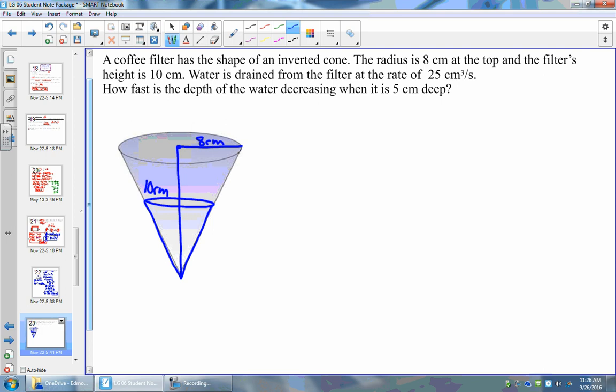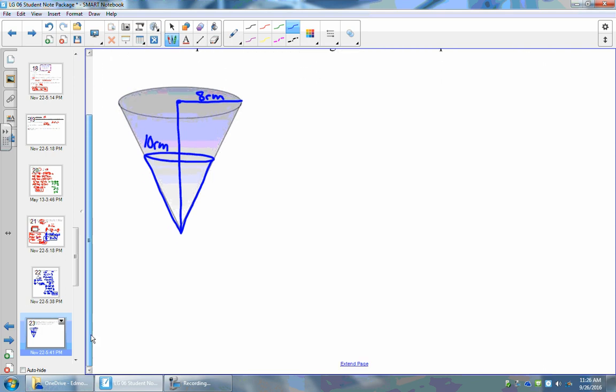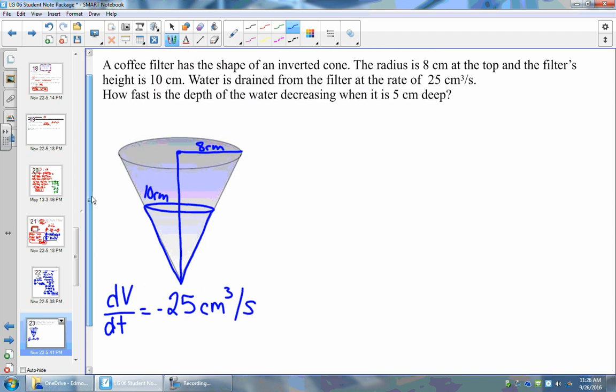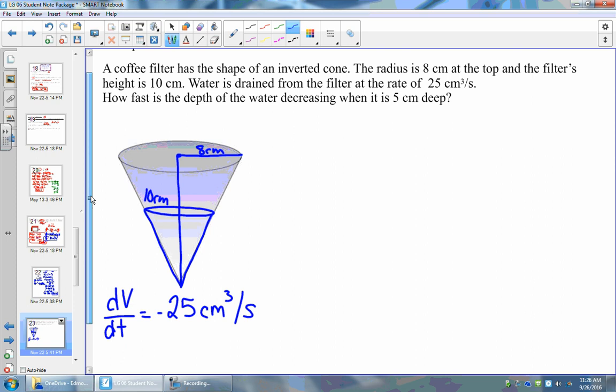All right, so let's organize what we've got so far. It's talking about our volume, so our dV over dt, and it's draining, which means that we've got a negative 25 centimeters cubed per second. And it's saying, how fast is the depth of the water decreasing? So we're looking at H here, when it is 5 centimeters deep.